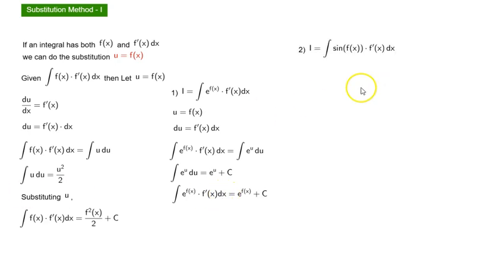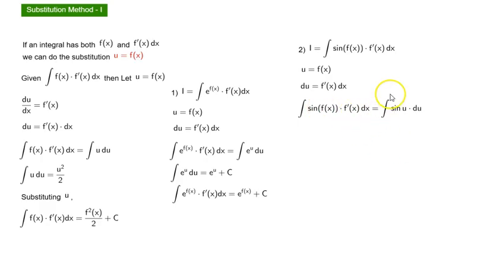Okay, second one. I is equal to integral of sine of f of x times f prime of x dx. A little bit more tricky, but f of x is there and f prime of x is also there. So u is equal to f of x. So du is equal to f prime of x dx.